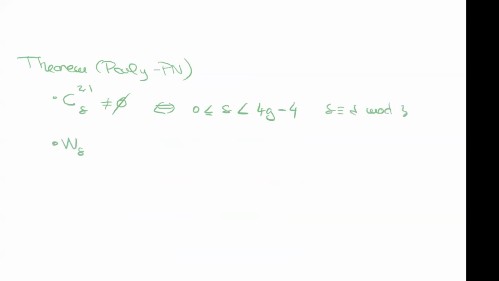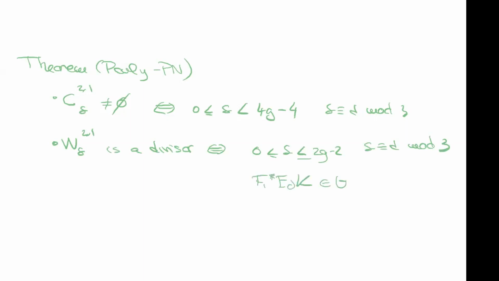Also, the wobbly locus is a divisor if and only if delta is at most 2g minus 2. And this is again the phenomenon of having at most a line of Higgs bundles. This is just saying that the point F1 E0K is generic inside the Brill-Noether locus.